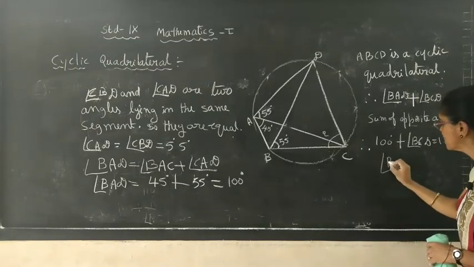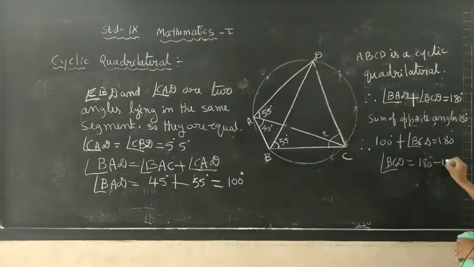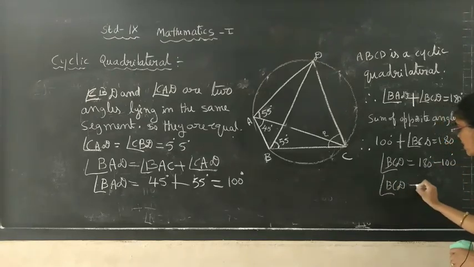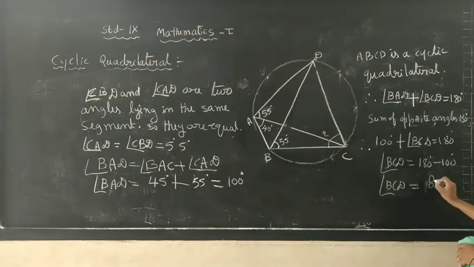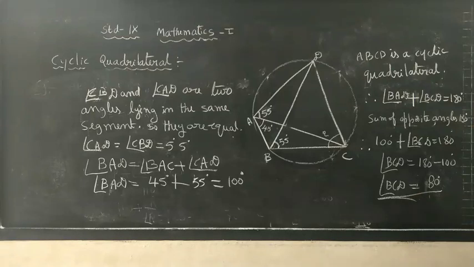So BCD angle is equal to 180 degree minus 100 degree. BCD, the angle which we need, is 80 degree. So BCD is equal to 80 degree.